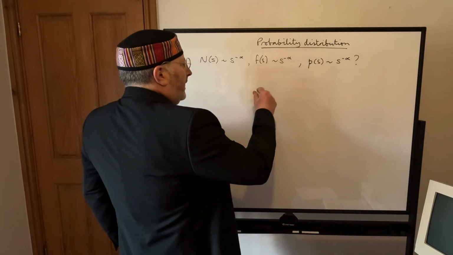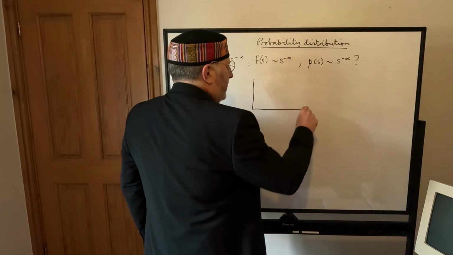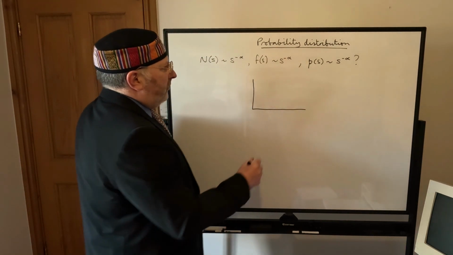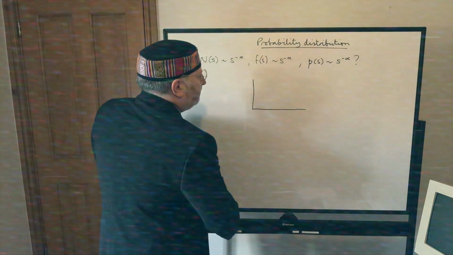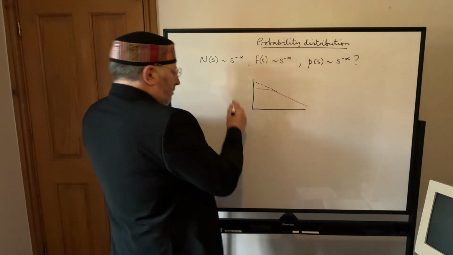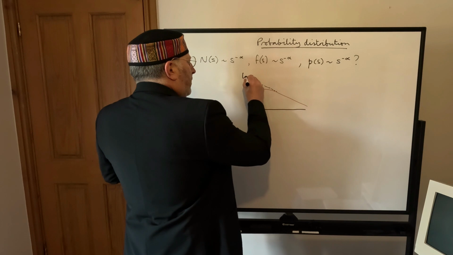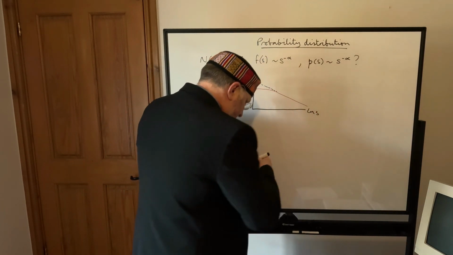And what we do find in many power laws in empirical data is that they look something like this. So let's put that's log of f, and that's log of s.